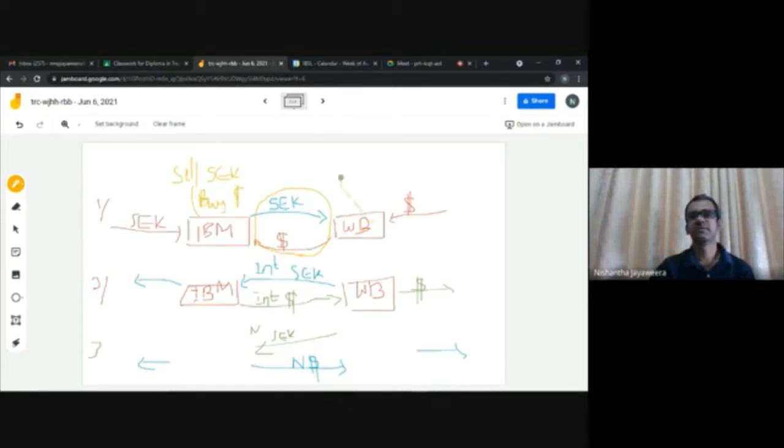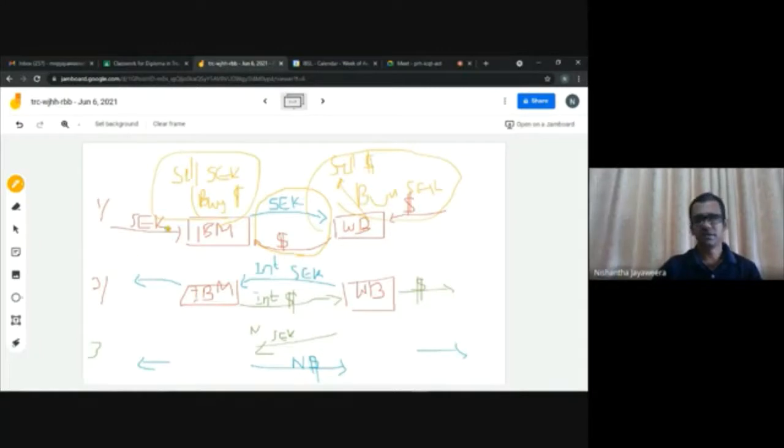Here, World Bank can sell dollars and buy SEC with some other party. These two transactions are with some other parties, we don't know. We don't care. All others are the major components of the currency swap agreement. Is it clear?